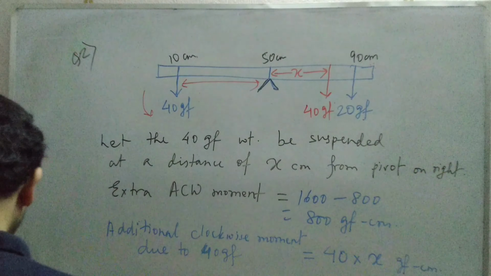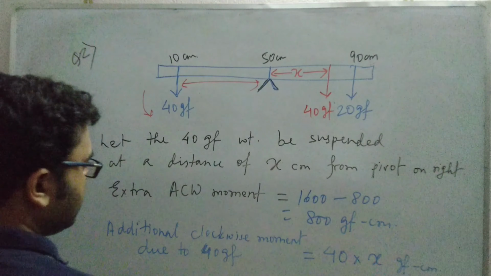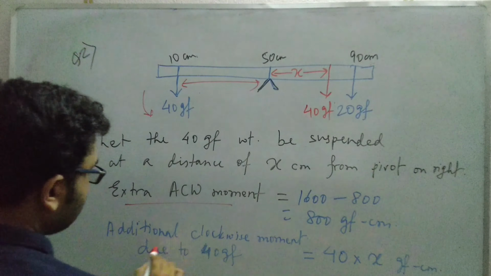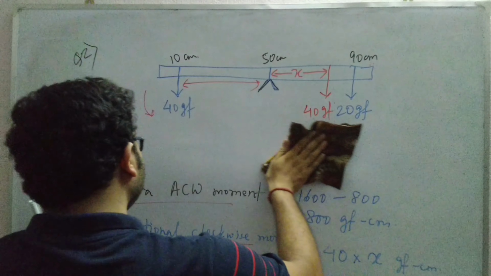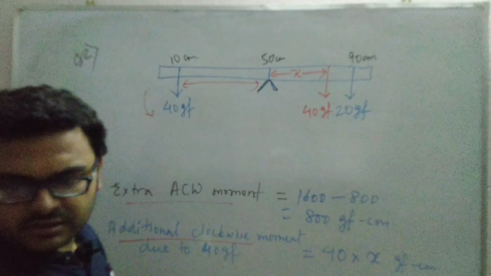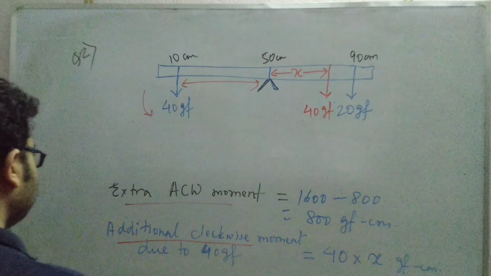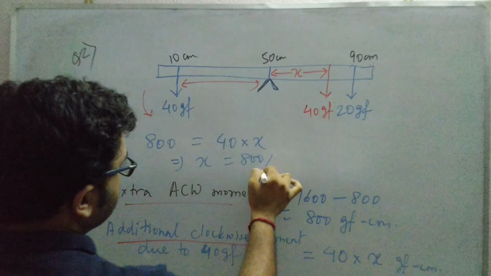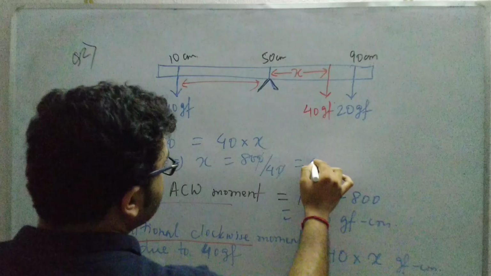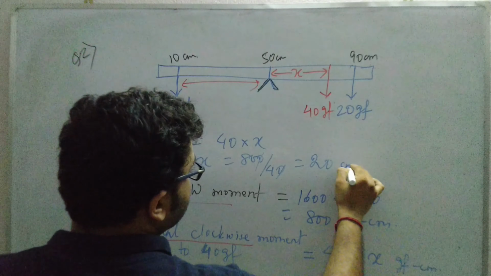Now we don't have to balance all the moments, just take this extra anti-clockwise and additional clockwise and balance these two, and you will get the answer. We are actually using the principle of moments, but the calculation is a little bit shorter this way. Then 800 equals 40 into x, so x will be 800 by 40, which is 20 centimeter.